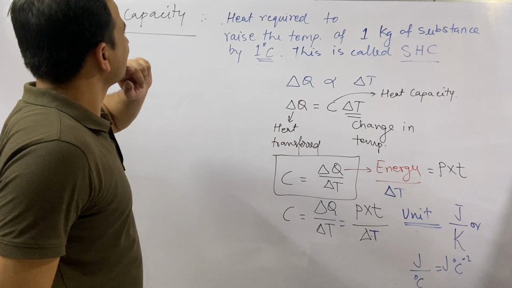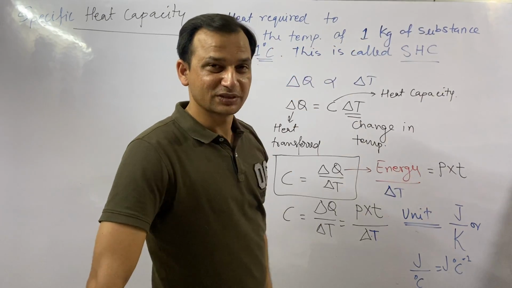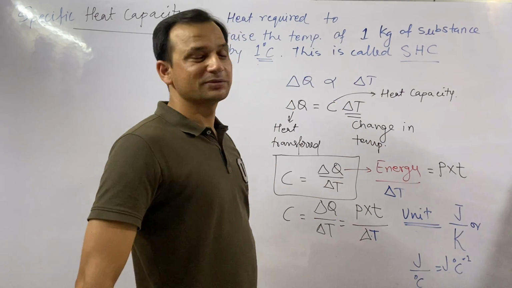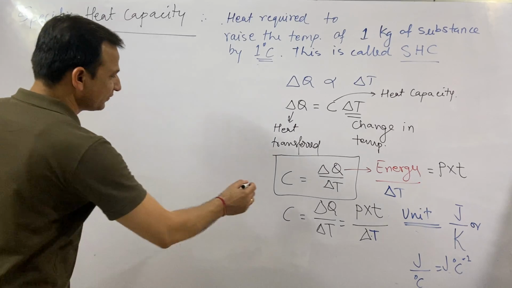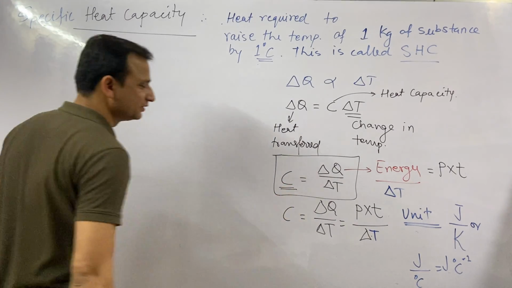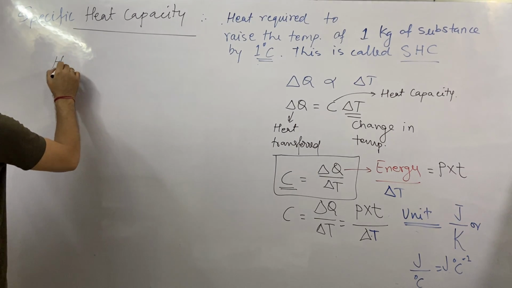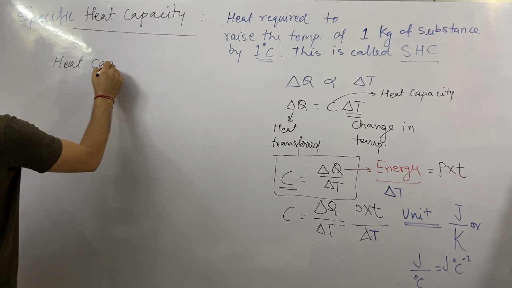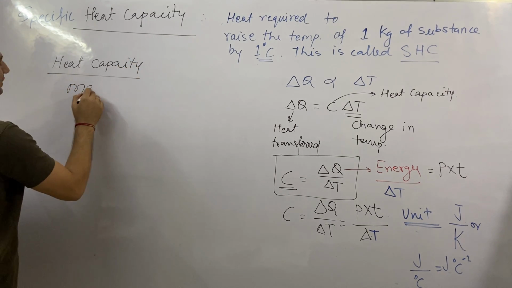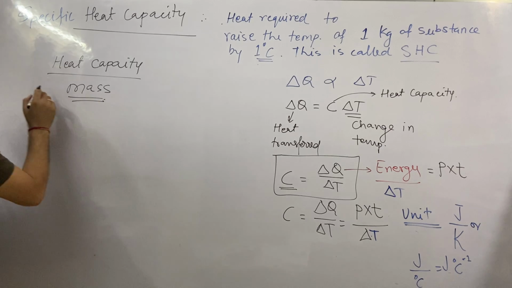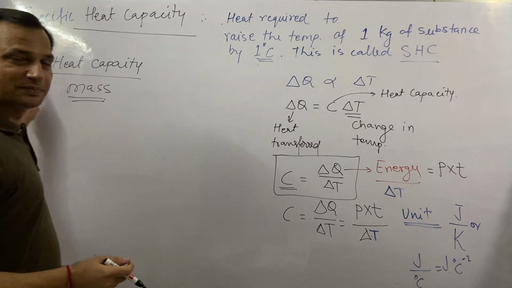So what you can see here, guys, is heat required to raise the temperature of 1 kg of substance, or unit mass of substance. So what we can do is divide the formula of heat capacity by mass. So heat capacity divided by mass is called specific heat capacity, S.